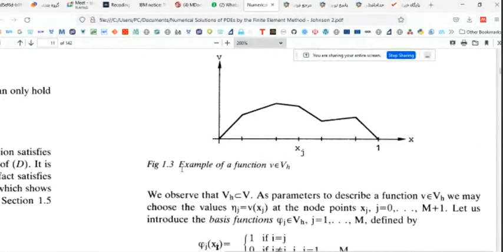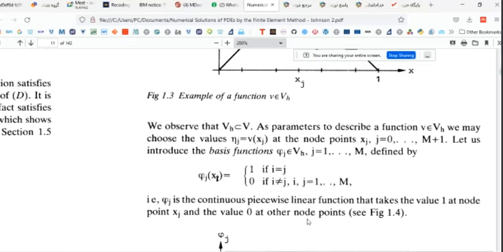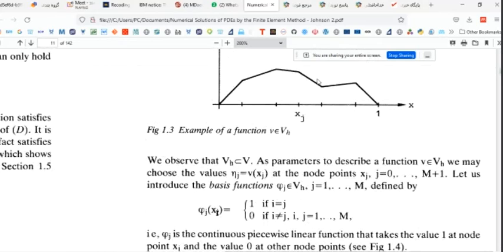Figure 1.3 shows us an example of v in the space of functions V_h. V_h is a subspace of V. It's very easy to verify that.